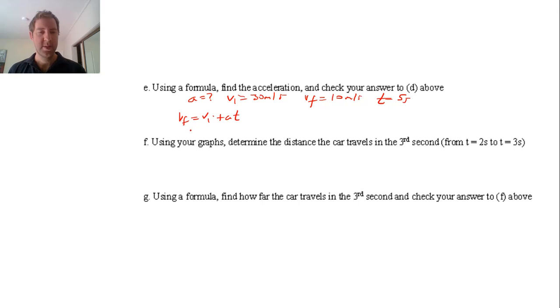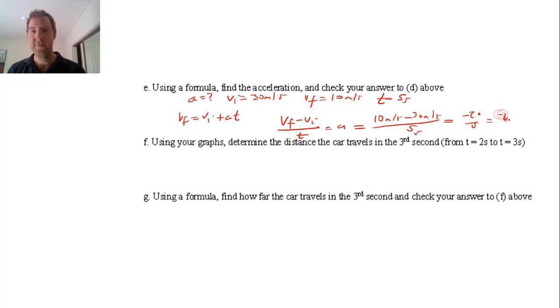And I want to find A. So if I rearrange, I get Vf minus Vi over T equals A. Put my numbers in. Vf is 10 meters a second minus Vi is 30 meters a second over T is 5 seconds. 10 minus 30 is minus 20 over 5 equals negative 4 meters per second squared.